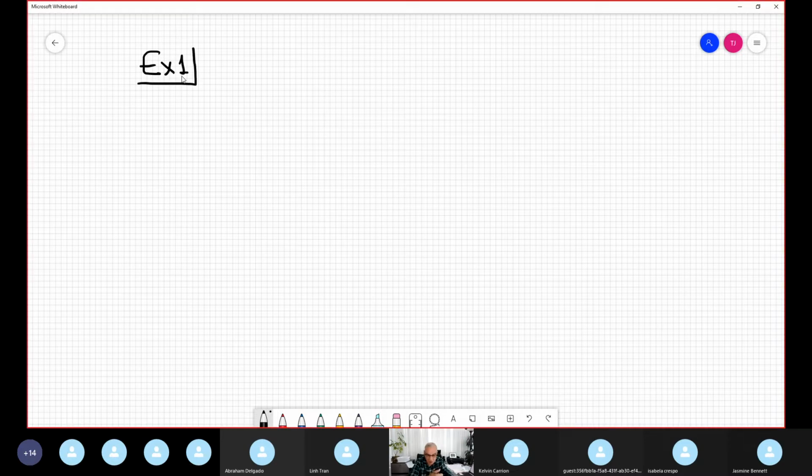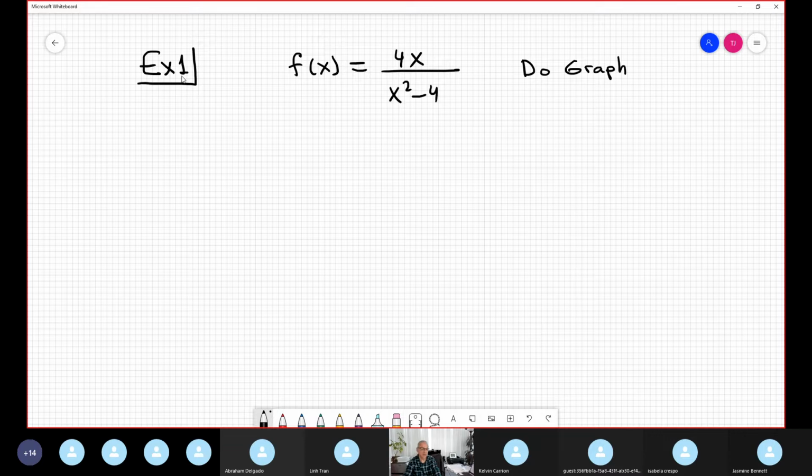We focus on the vertical, we focus on the horizontal, no, this is full. f(x) is equal to 4x divided by x squared minus 4. And my final job is to do the graph. Include everything: the asymptotes, any kind of asymptote we have in this problem, y-intercept, x-intercept, etc.